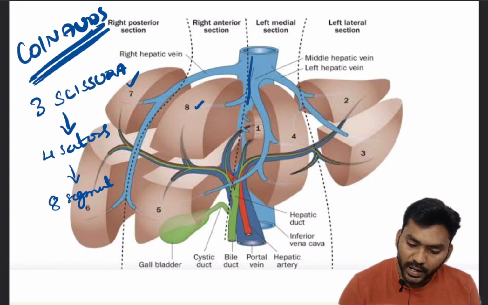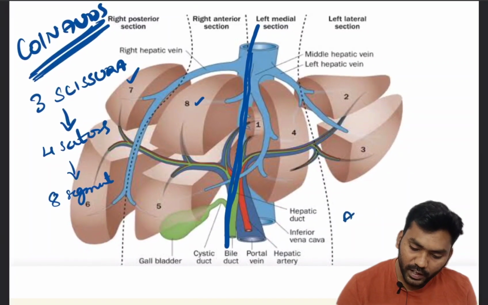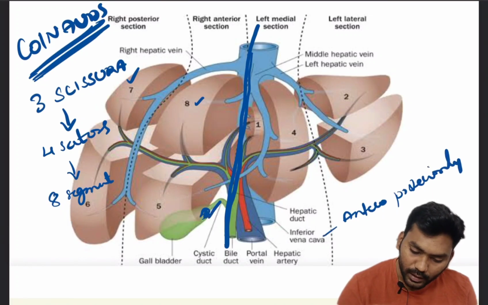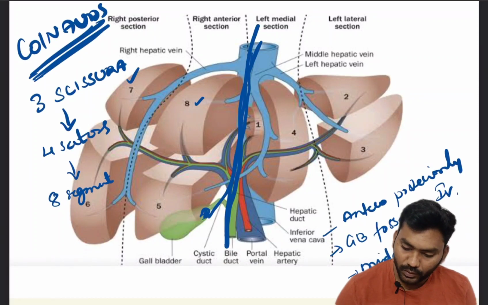Okay, the main scissura is the central one. This is the main scissura which will divide the liver antero-posteriorly from the GB fossa to the IVC, containing the middle hepatic vein.